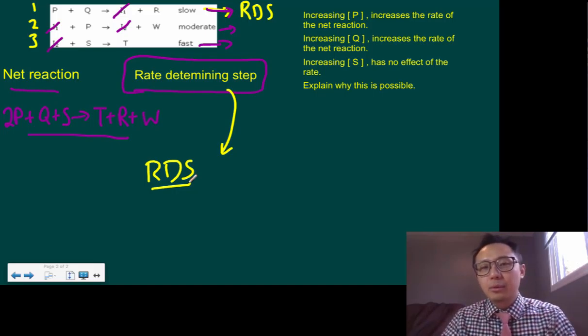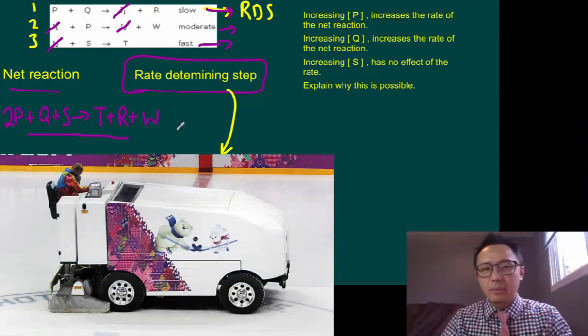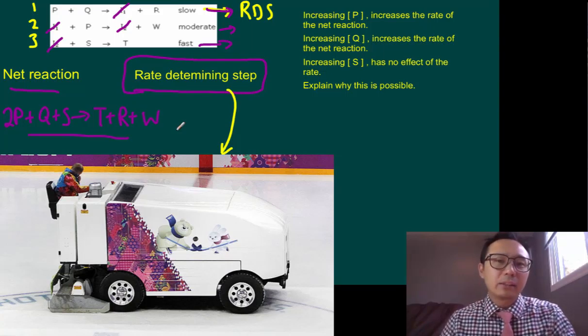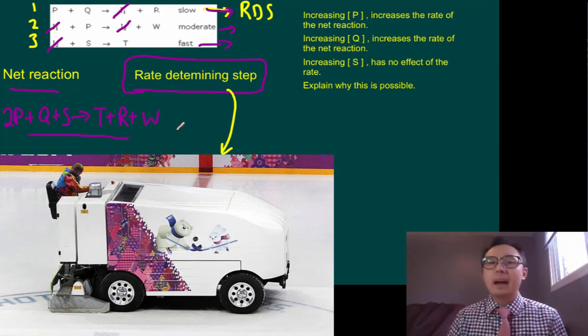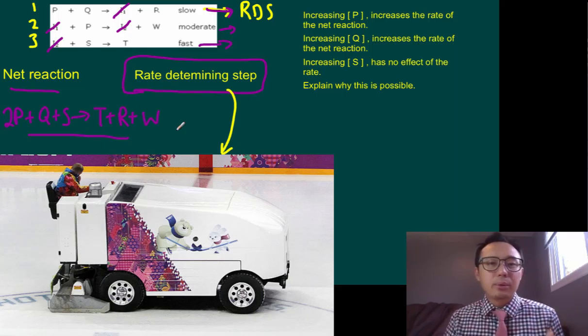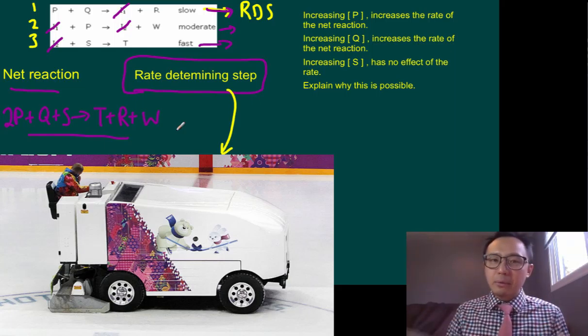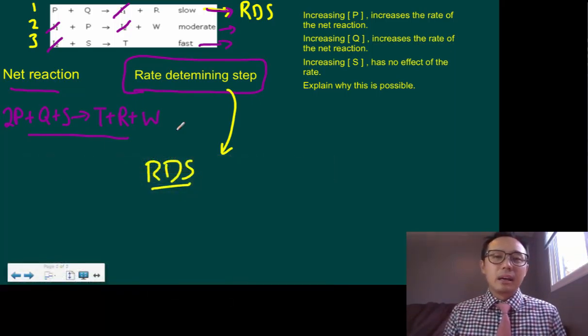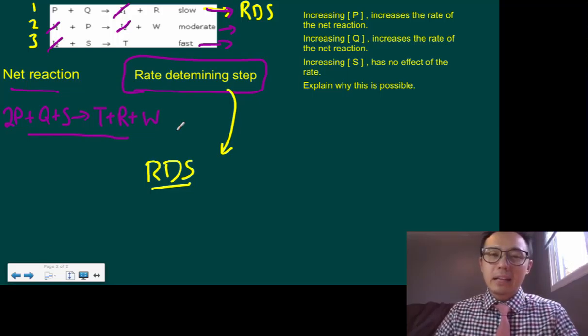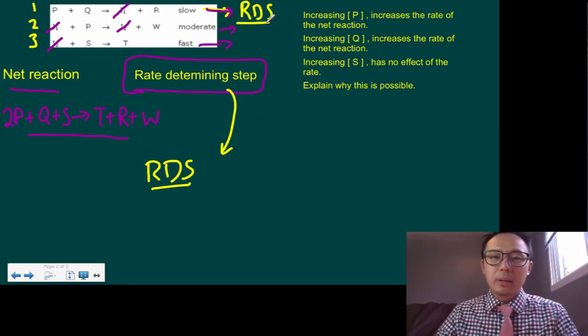So that person who's taking the Zamboni around the ice rink, that's the rate determining step, because it doesn't matter how fast your team dresses, you can put all the equipment on really fast. It depends on the person driving the Zamboni, because the Zamboni driver is the one that allows you to get on the ice. So that Zamboni driver is the rate determining step.